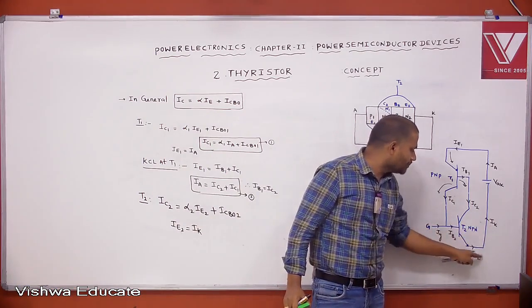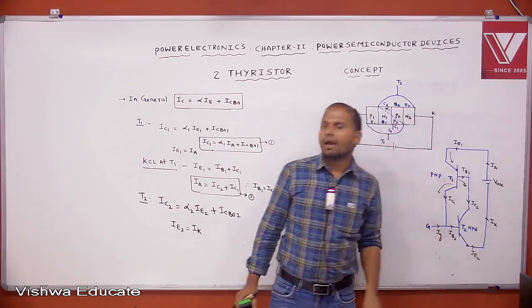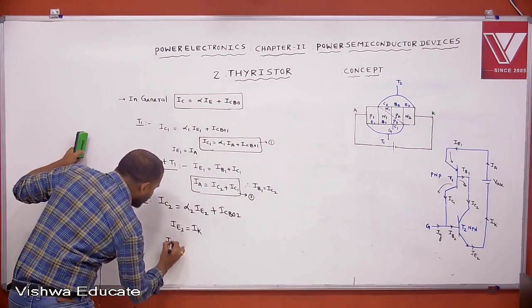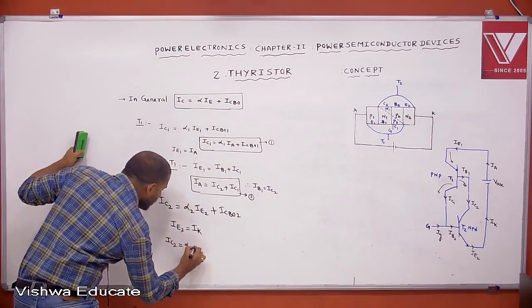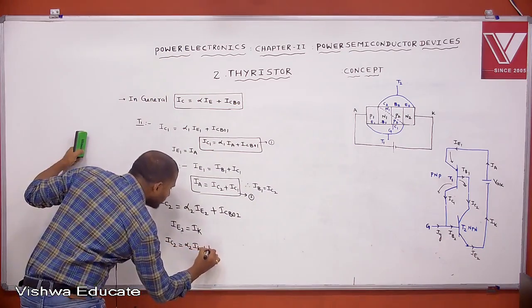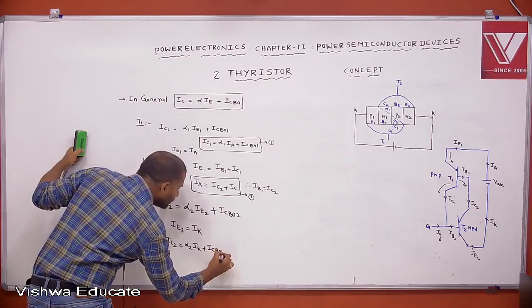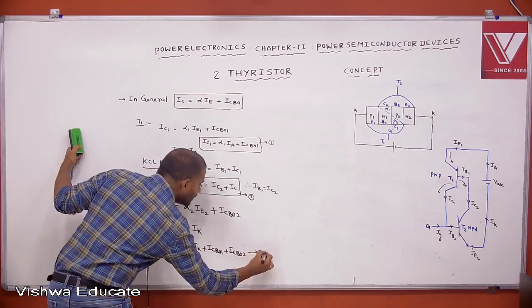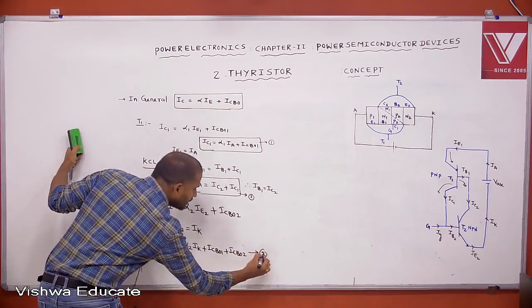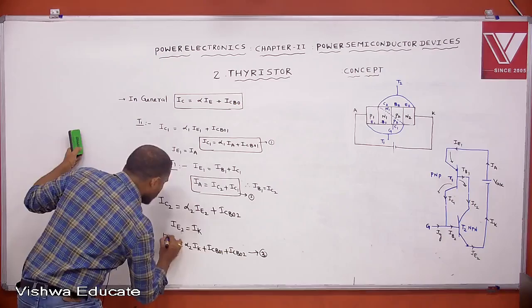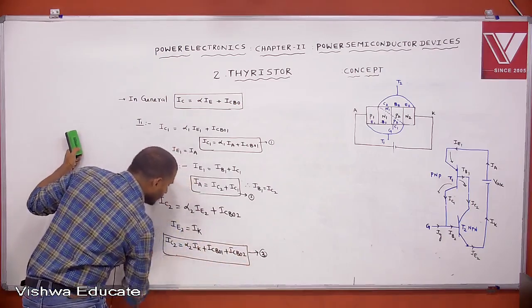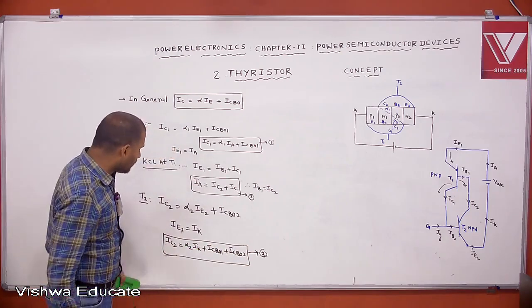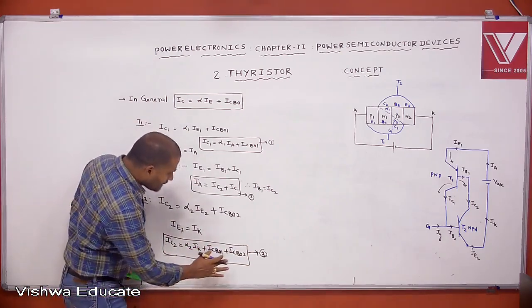These two are the same. If IE2 equals IK, then what is IC2? Alpha 2 IK plus ICB02. Let this be equation 3.